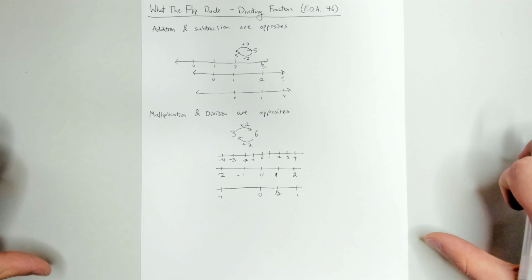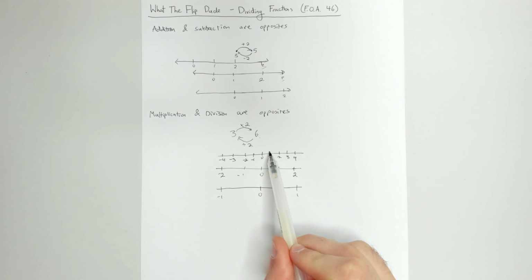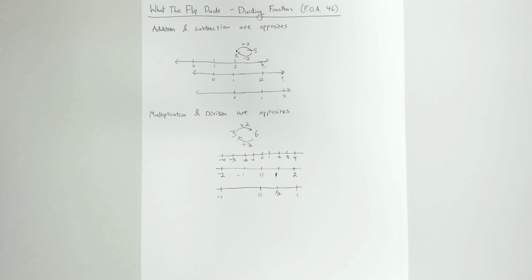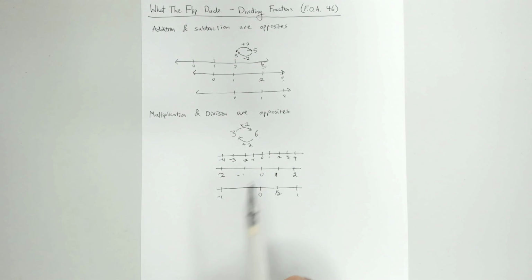You're either stretching it or you're pushing it back in. And so that affects the distance between these ticks here. So they're kind of two sides of the same coin. Since we know that multiplication is the opposite of division, and vice versa, we can figure out what fraction division should look like by considering what's the opposite of fraction multiplication.